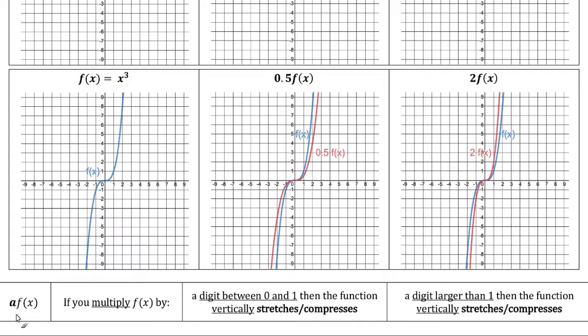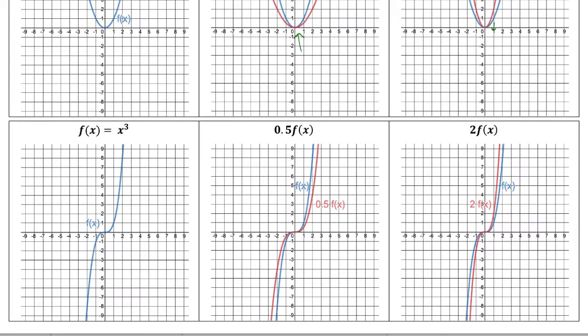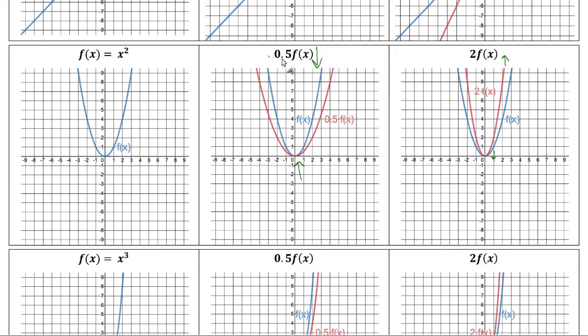So I'm going to focus on this A, the number we're multiplying by. I want you to ignore whether it's positive or negative. I don't want you paying attention to that right now. If this is a number that's less than 1, like when it was less than 1, we compressed it.